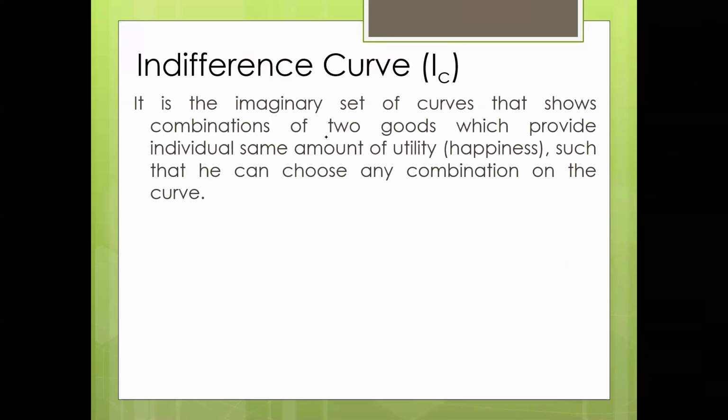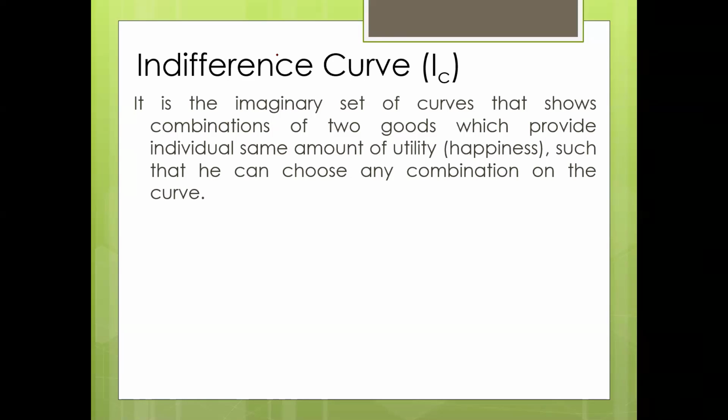So it's a set of imaginary curves that shows combinations of two goods which provide an individual with the same amount of utility, such that he can choose any combination on the line. Since he is getting the same happiness from all the dots on the line, he is equally happy with any dot that he can get. That's why we call them indifference curves. He does not mind which dot he is getting on the line.